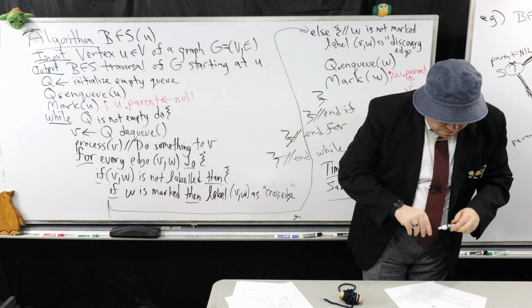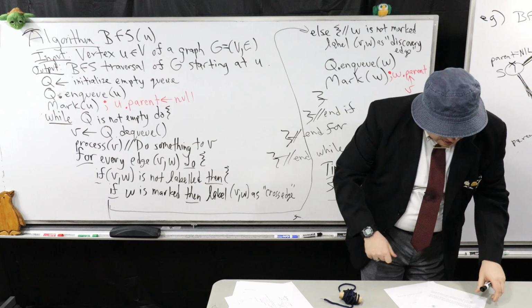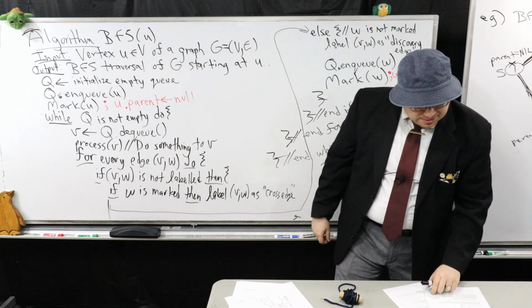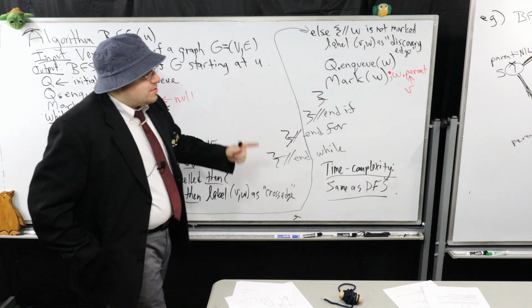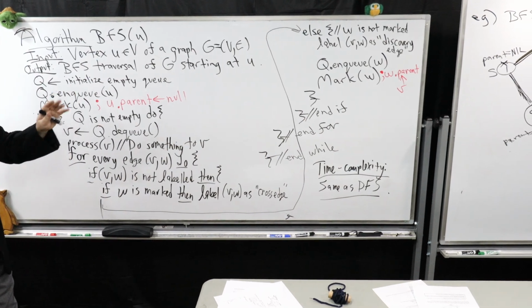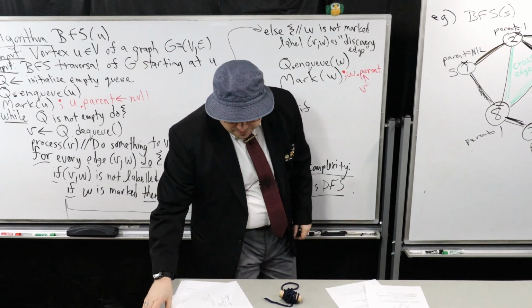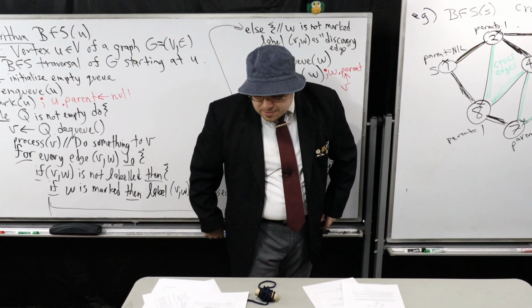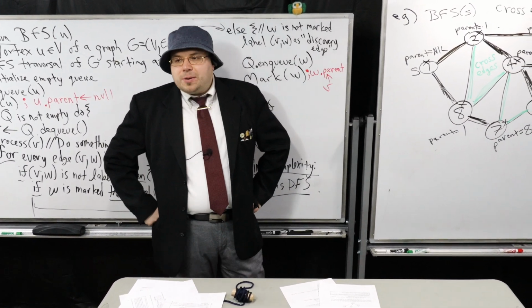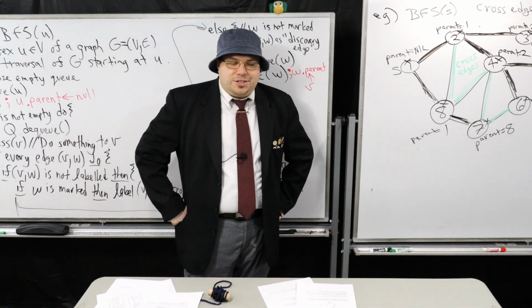So let's talk a bit about properties that BFS has. Let's head back over here. I want to come back to this picture, our picture of our graph here. We talked about back edges, we talked about cross edges, right?